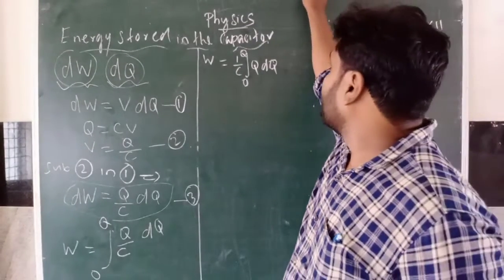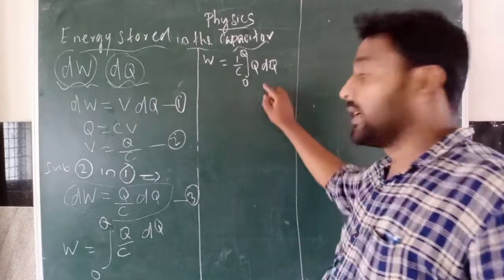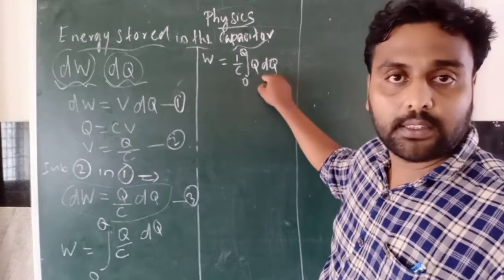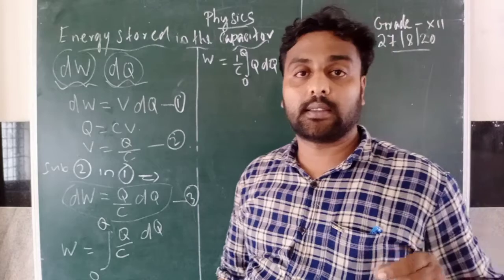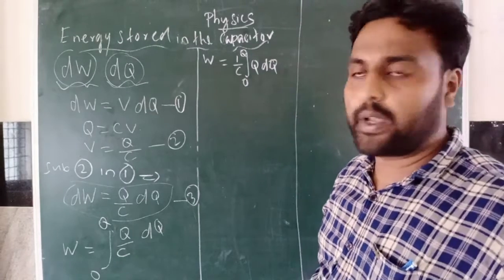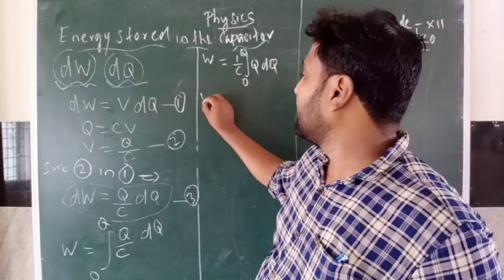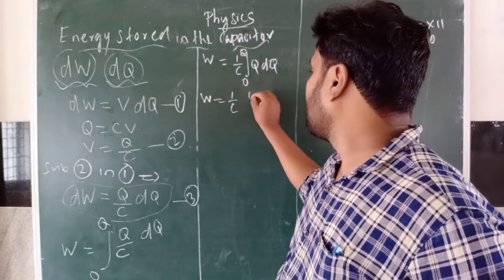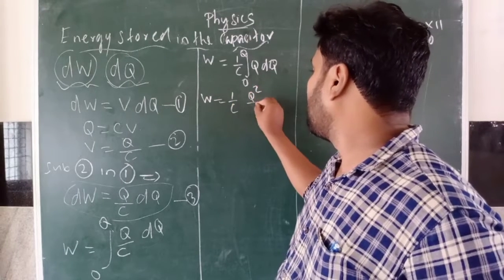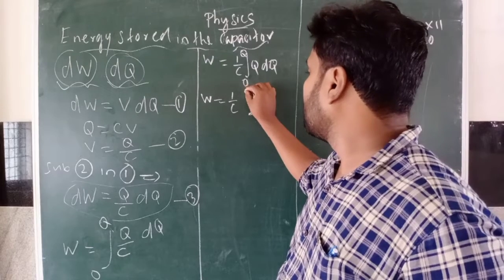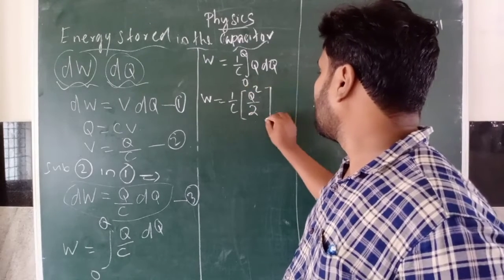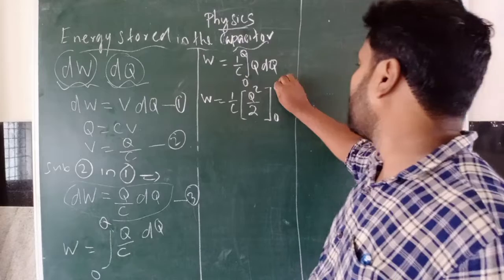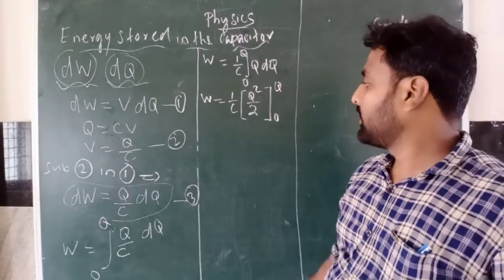Now integration, you know. What is this format? x dx. x dx means, you know, x square by 2. So integrate this. W equal to 1 by C, Q square by 2, with upper limit Q and lower limit 0.